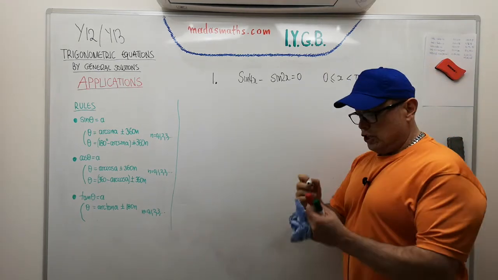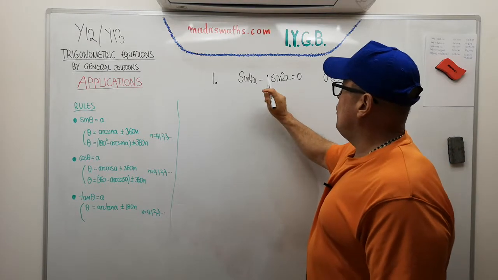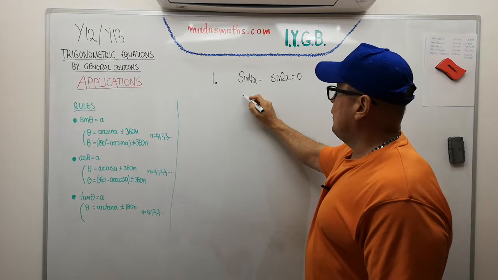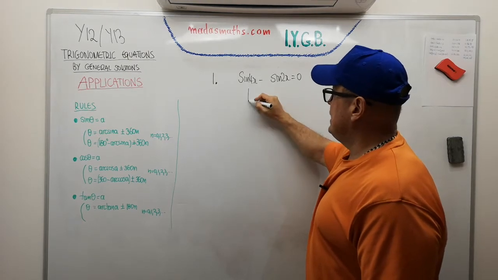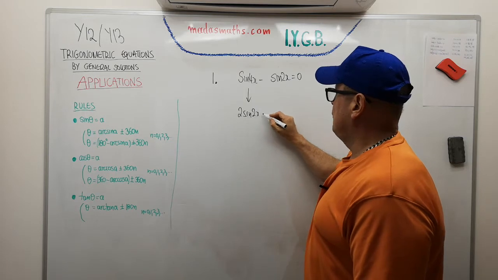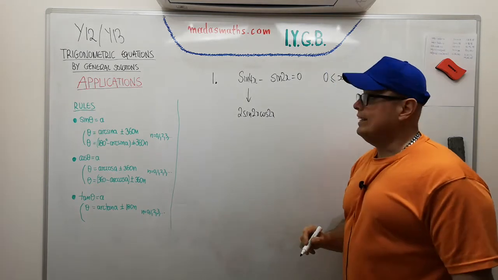Just one way we can actually solve this particular trigonometric equation for the year 13s that are aware of double angle is to actually change the sine of 4x. I'm not going to do it like that, but just to give you some ideas, into 2 sine 2x cos 2x. That's the sine of 4x using the double angle identity.